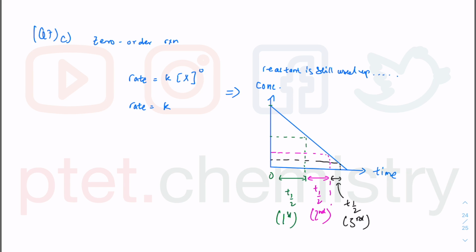By using our graph, we can see that the successive half-life decreases. This is for zero order reactions. For first order reactions, the successive half-life will be constant because what you get is an exponential decay kind of curve. So that's the end of that 9-mark question on rate of reaction, question 7.